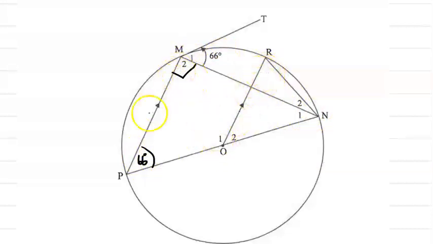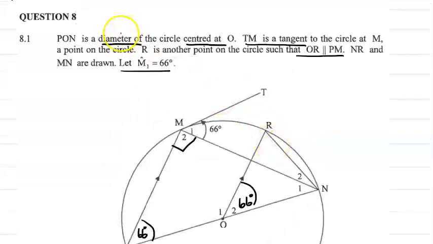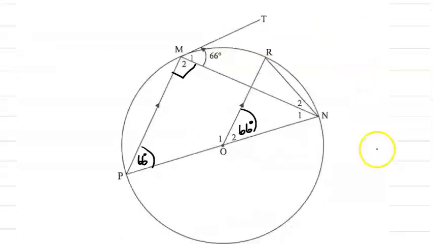Remember, OR is parallel to MP, which means that this now is 66 degrees. So when we look at what reasons we were given, you used the diameter, you used the tangent, and what did we use? We used the parallel lines already.